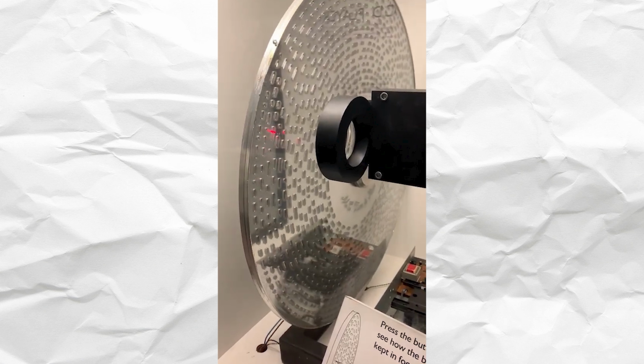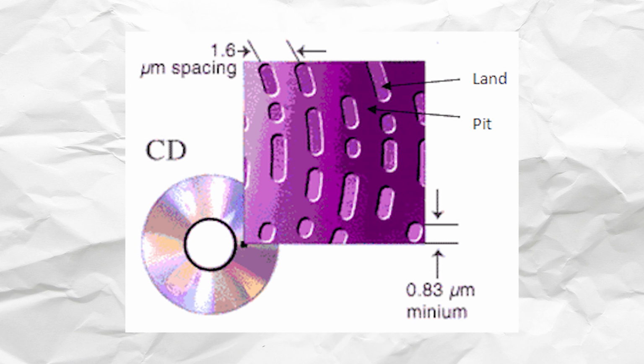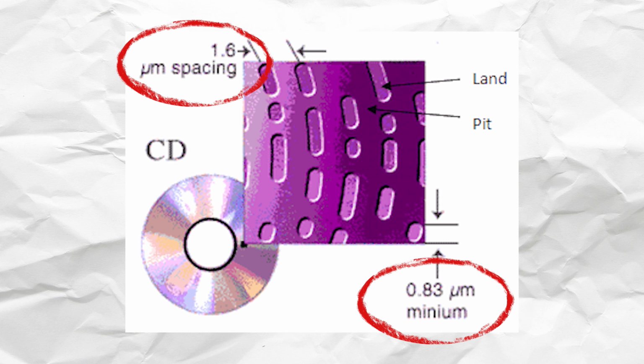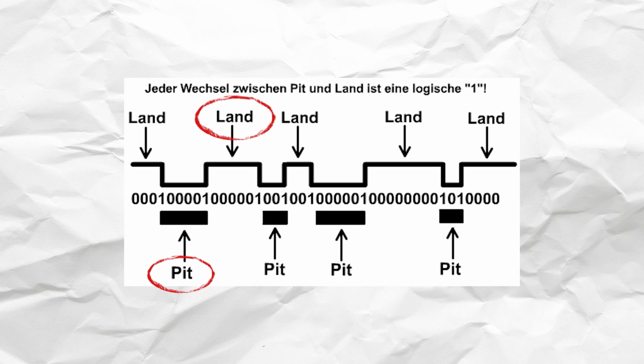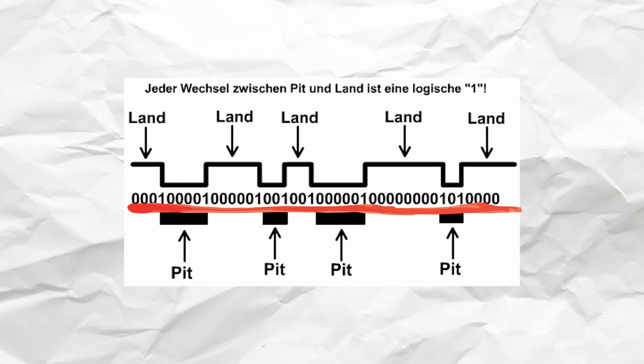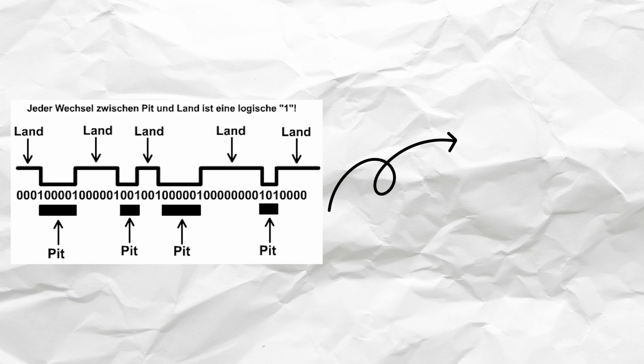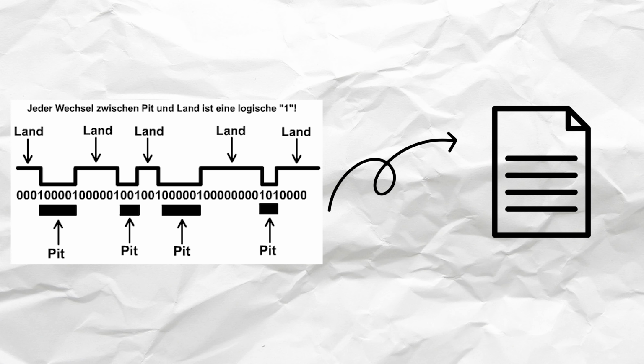But in actual practice, it is much smaller than this, on a microscopic level that the eyes cannot see. The pits and lands reflect light differently, creating patterns that are converted into digital signals, ones and zeros. These signals are then processed to produce sound, video, or any computer data in general.